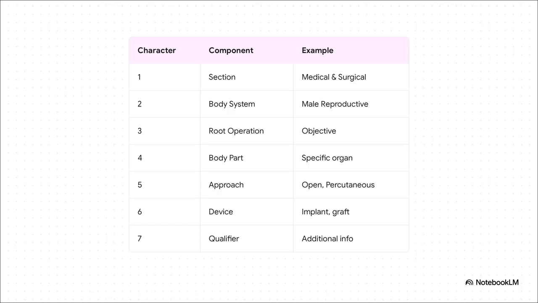Character 3 is your root operation. So what's the actual objective of the surgery? Character 4 gives us the specific body part. Character 5 defines the approach, like is it open or percutaneous endoscopic. The main takeaway here: if you miss just one of these characters, or maybe misinterpret a physician's operative report, the entire code and potentially your entire DRG is completely compromised.